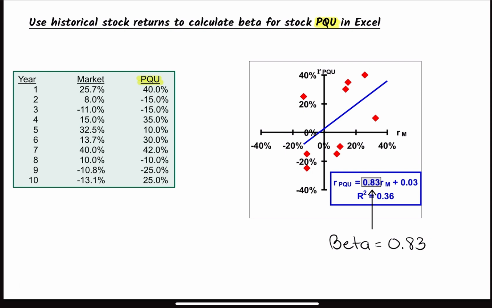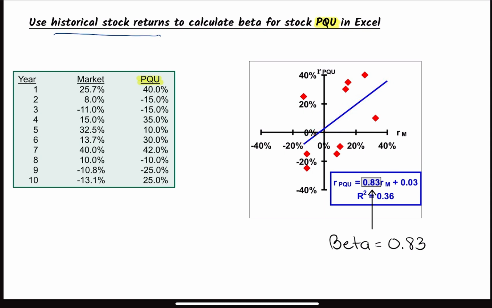So an example, using historical stock returns to calculate beta, we have this stock PQU, we have the market, and then we have each year. For each year, this was the market return, this was the stock return, and this data is being used to create this function.